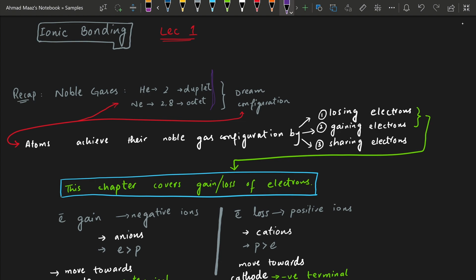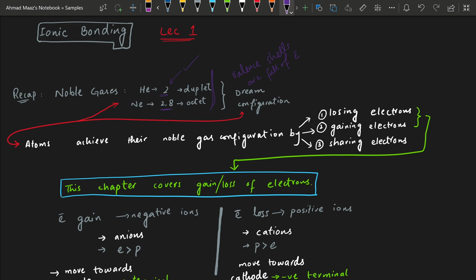which means that their valence electrons or their valence shells are full of electrons. That means the maximum capacity has been reached. For example, helium has one shell only, and one shell has the maximum capacity of 2 electrons, and helium has all the electrons that it can add into its valence shell.